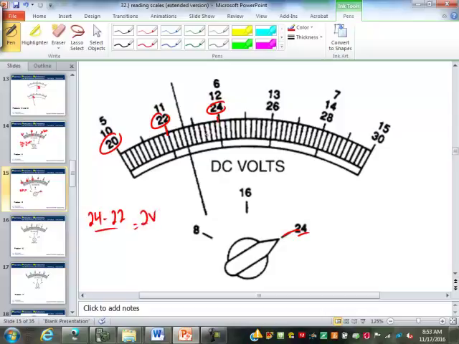That's a 2 volt difference. How many spaces are there between there? If I count them up, there's 10. 2 volts divided by 10 means each space is 0.2 volts. So this is 22.2, 22.4, 22.6. So it is important to make sure you go through and figure out what each division stands for.